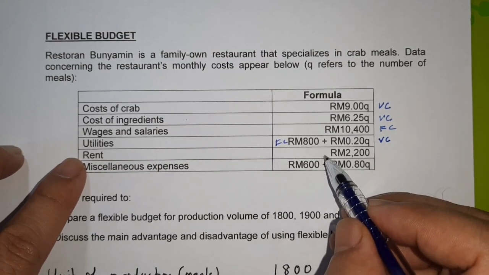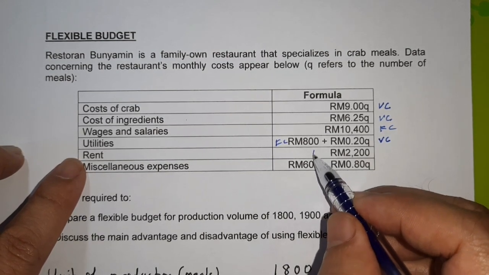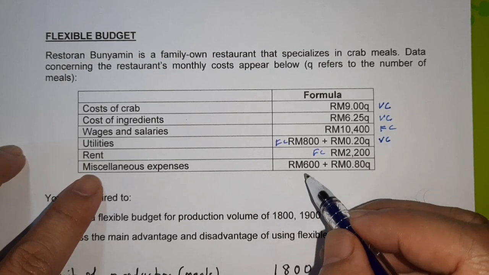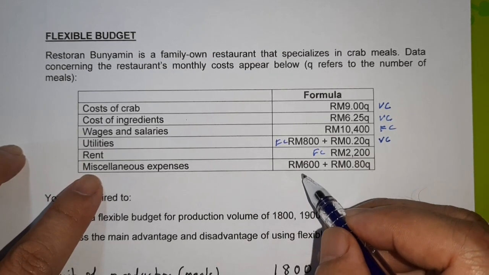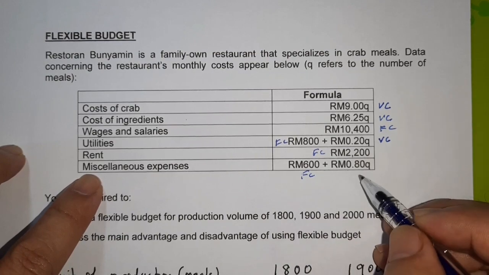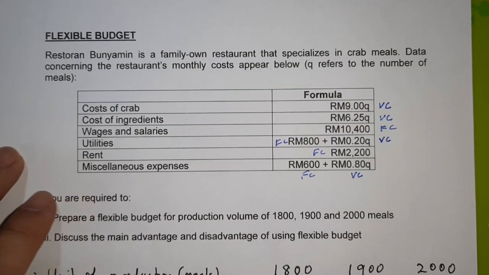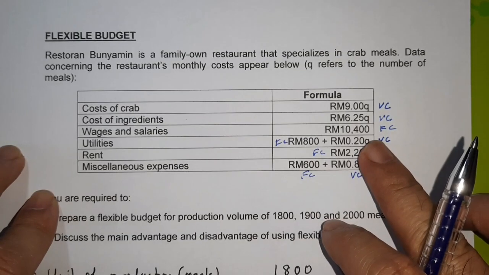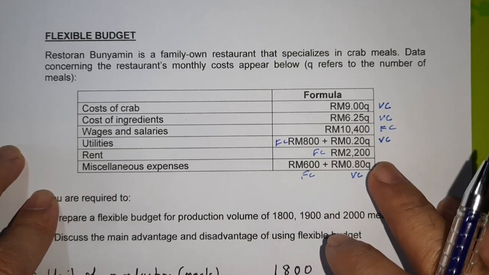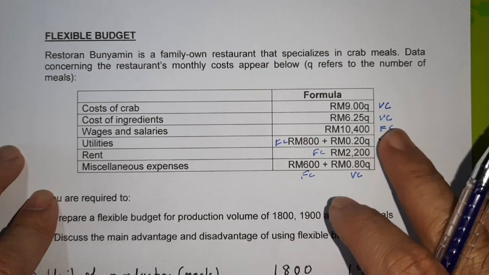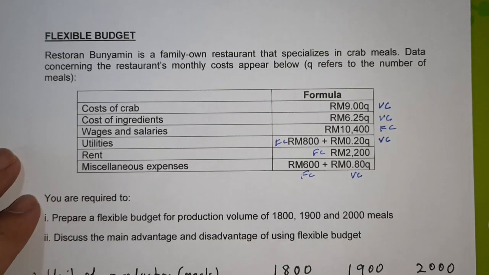This one, rent, is a fixed cost. Miscellaneous expense has a fixed component and also a variable component. Okay, after you have identified this type of cost, then you show this cost in the list, in the budget.